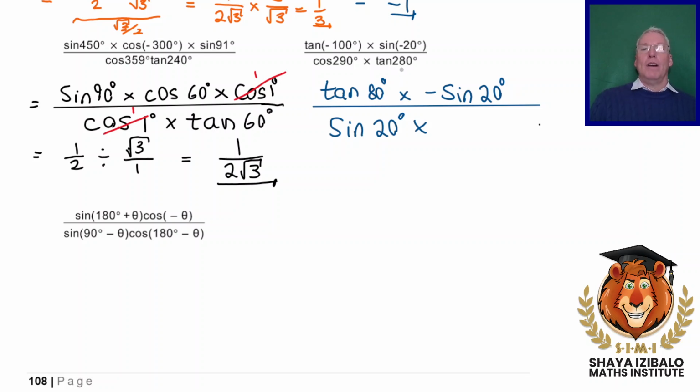We're in quadrant 4, so tan's negative, and we are 80 degrees away from a horizontal axis. Okay, if we look at this, the tan 80 is going to divide out with that, and the sine 20 is going to divide out with that. There are two negatives, which gives us a positive. Final answer equals 1. And once again, we could put that into a calculator and check it.